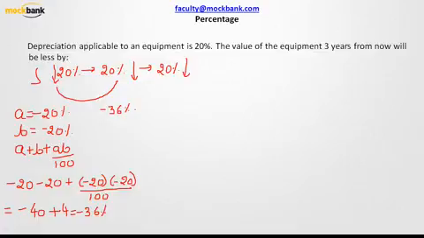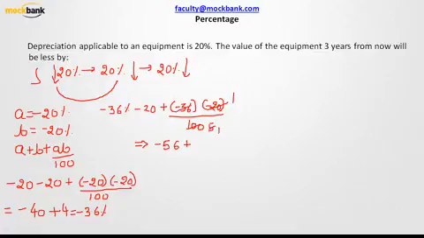So this is negative 20 plus negative 36 times negative 20. This is going to give us negative 56 plus, this comes out as 7.2, right?